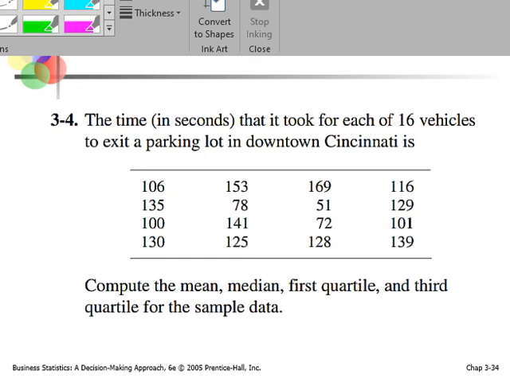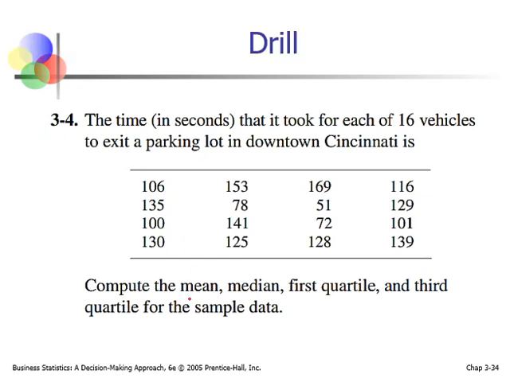This is the time it took for 16 vehicles to exit a parking lot in downtown Cincinnati. This is a sample data, so the mean x-bar equals 106 plus 135 and so on up to 139, divided by 16. That will be our mean.